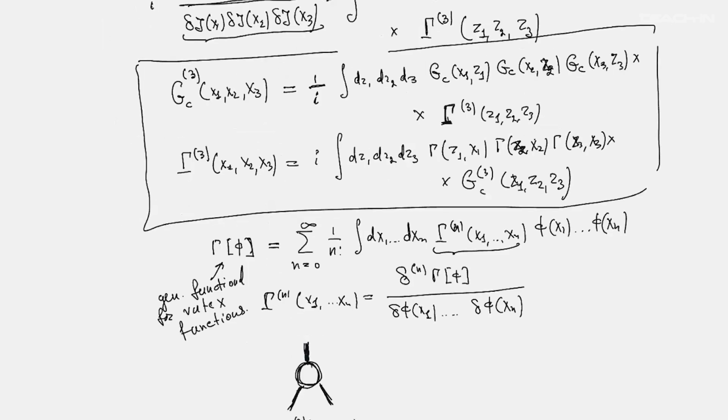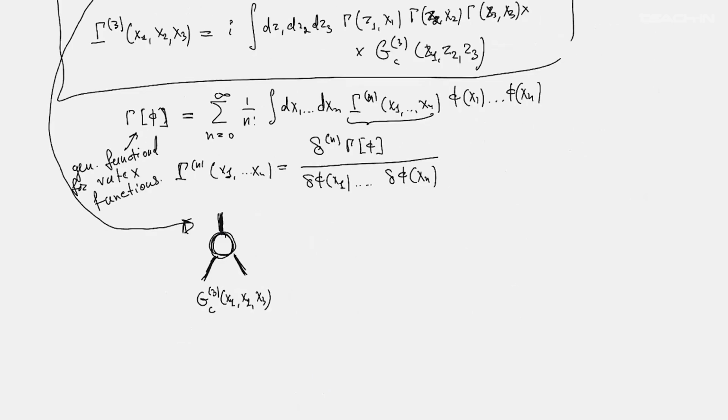While on the right-hand side of this relation, we have a vertex function gamma, which I denote by making this blob shaded. And then it is connected by 3 full propagators, which I denote by these little blobs.